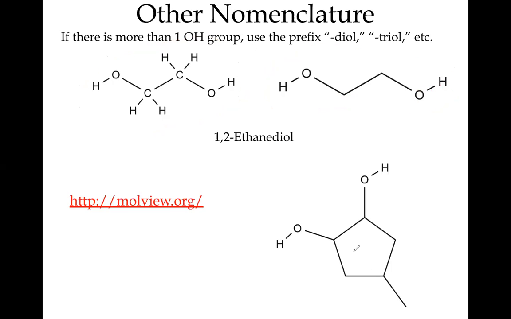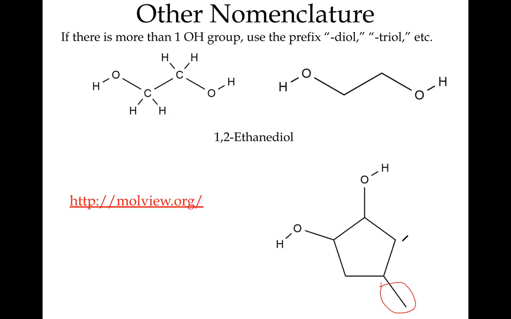And what about this one on the bottom here? That's interesting. So we have two hydroxyl groups, and then down here we have a methyl group. So what do we do with that? Well, let's start with the ring, right?